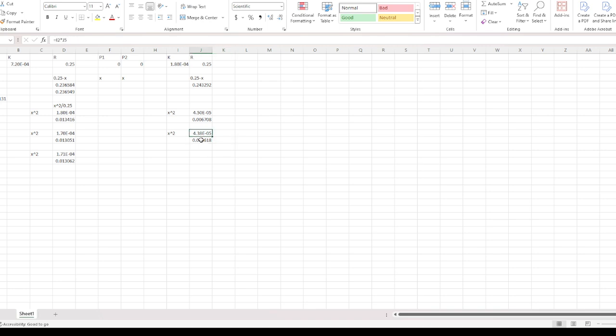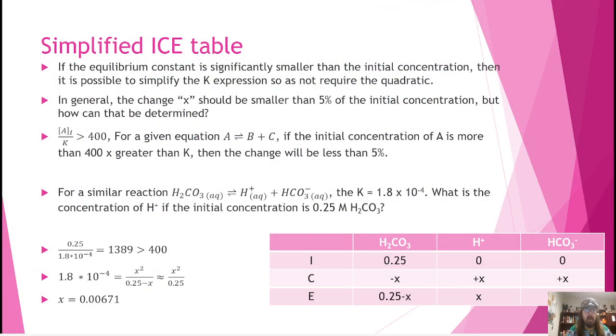You're just running your R times your K, and then you square root it, and then you use that value for your concentration minus X. If you do this once, maybe do it a second time, it will help get you a closer answer without having to do the quadratic.